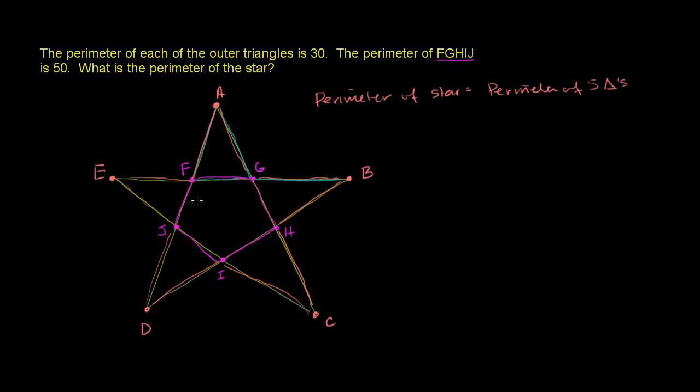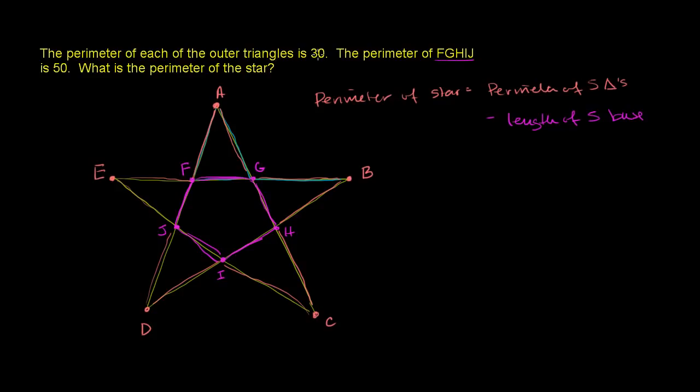If I take the perimeter of all of these guys, the part that shouldn't be part of the perimeter of the star would be this part, that part, that part, that part, that part, and that part. Those aren't part of the perimeter of the star. So it should be the perimeter of the 5 triangles minus the length of their 5 bases.